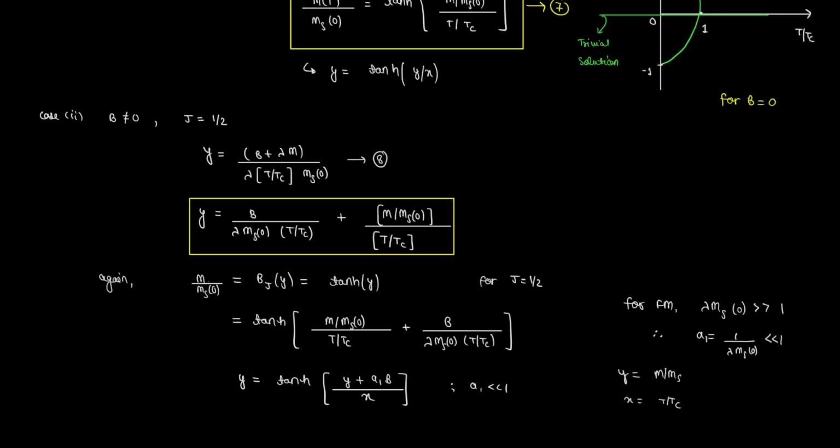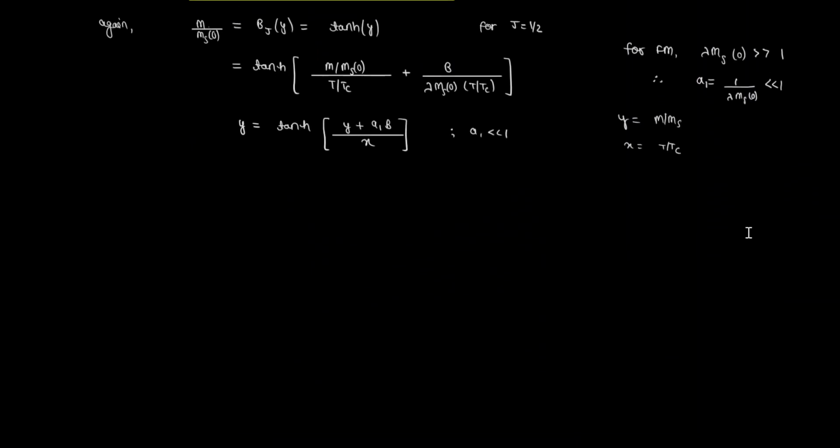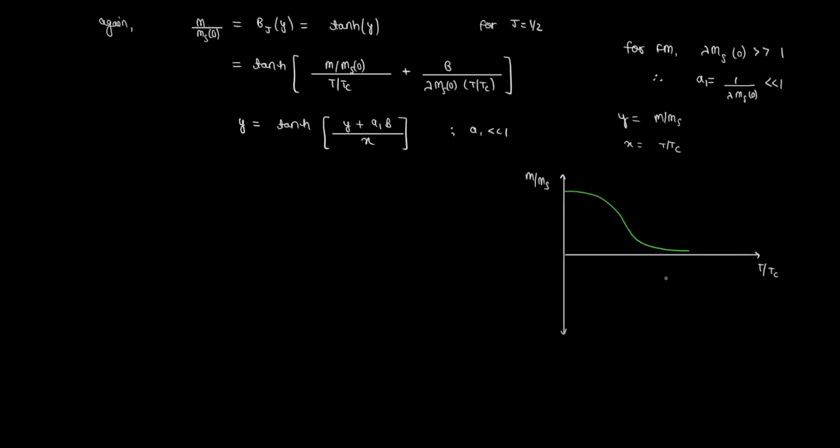Now you can plot this particular equation in any plotting software, and you will get a curve like this, where you will see that there is a tail appearing here and the phase transition has disappeared. And if you increase the magnetic field, the curve will shift upwards from the x-axis. So the application of a magnetic field kills the phase transition.